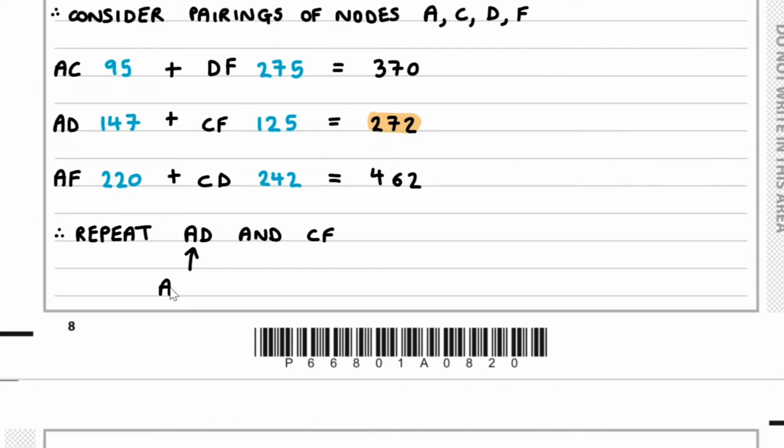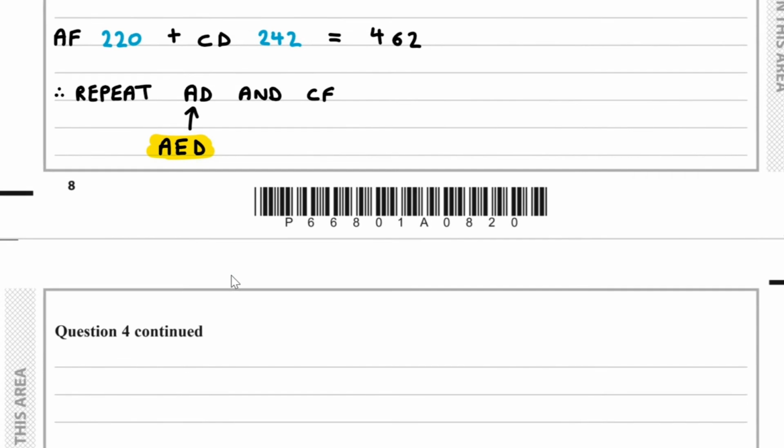So here we have AED, and with that we can conclude we can repeat AE, DE and CF, where AD is AE and DE.